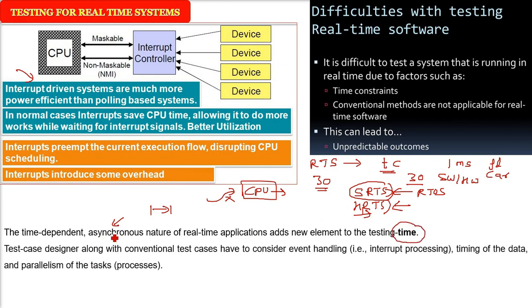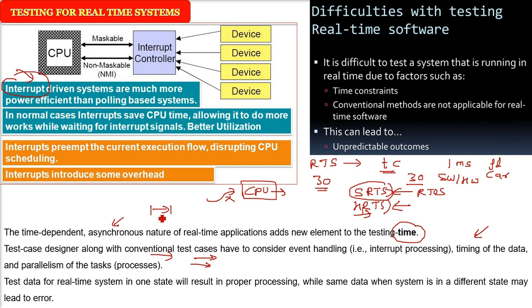Time is important. So the test case designer will use all the conventional test cases, but he has to understand and consider the event handling, as I am saying, like interrupt processing, timing of the data, and tasks going on in parallel. So the parallelism of the tasks or processes has to be dealt with. So test data for the real-time system in one state may result in proper processing, for example test data at state 1.